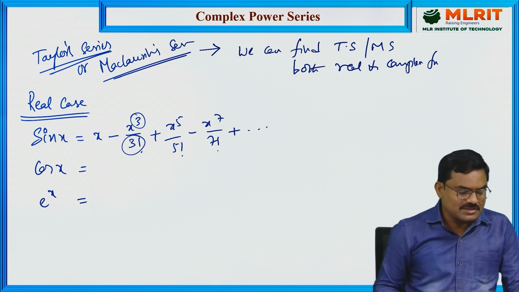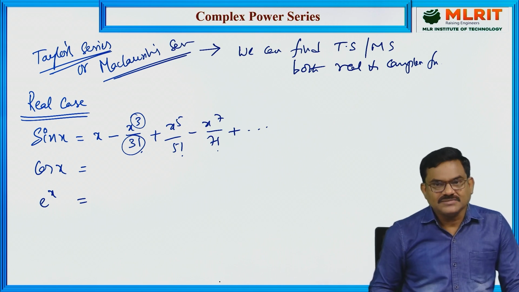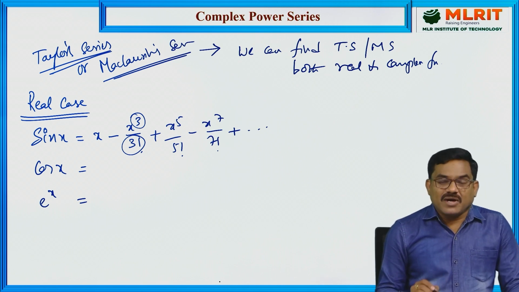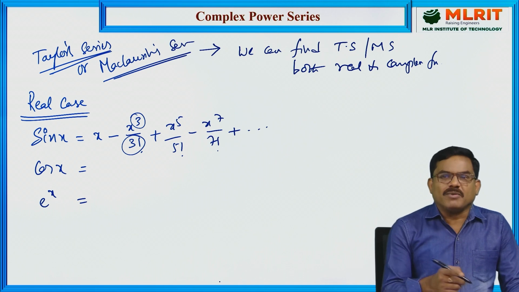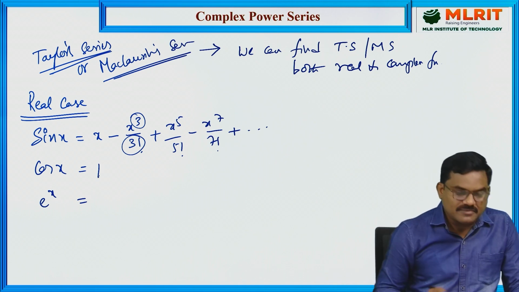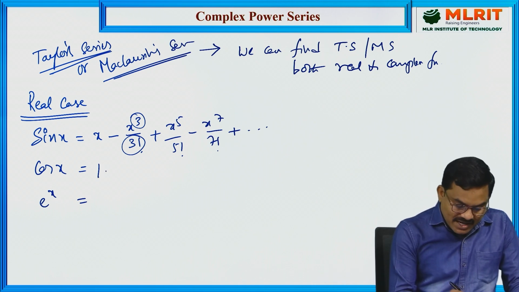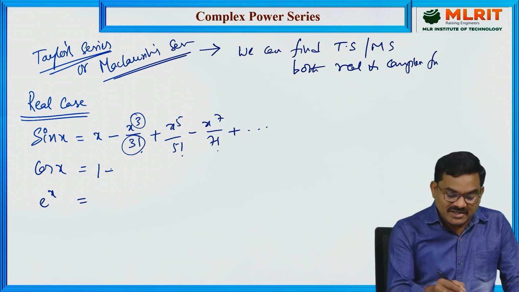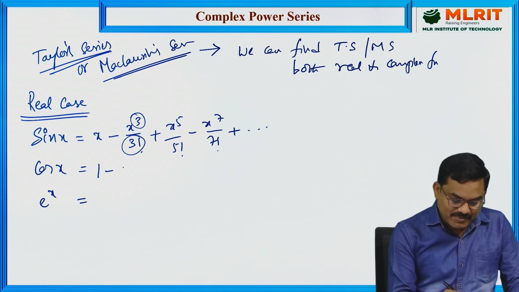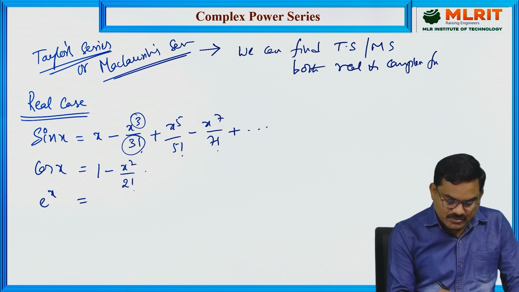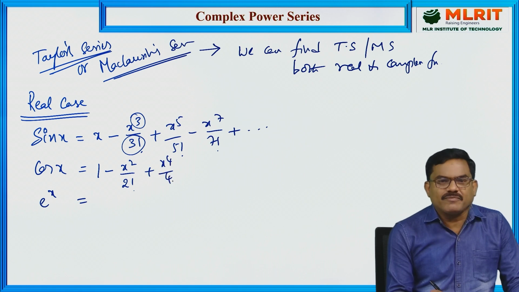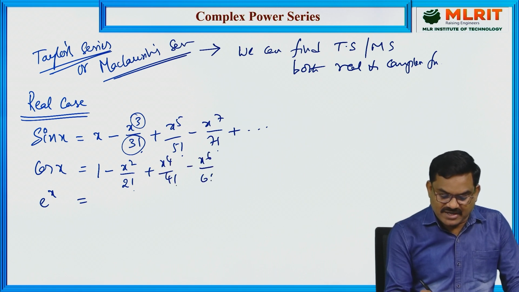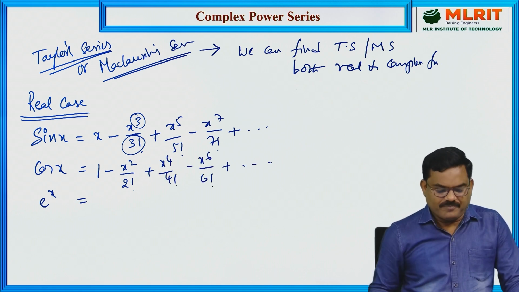And coming to this expansion of cos x, what is the value of cos 0? Sin 0 is 0, but cos 0 is 1. So it starts with 1. Again, plus minus alternately changes. Here we have odd powers, here even powers. x square by 2 factorial, x power 4 by 4 factorial, x power 6 by 6 factorial, plus so on.